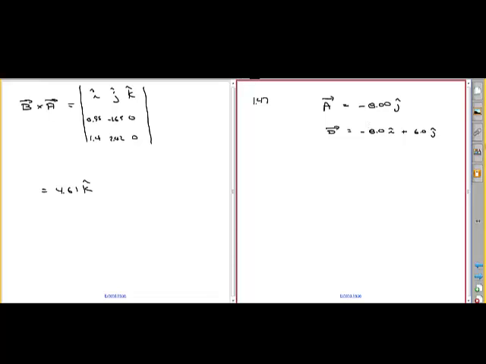So let me stop the recording. Okay, so those are the vectors that I got from the other one.